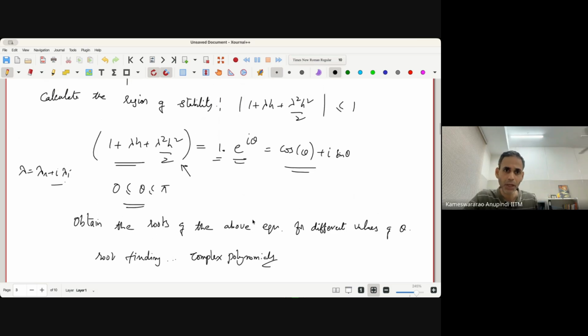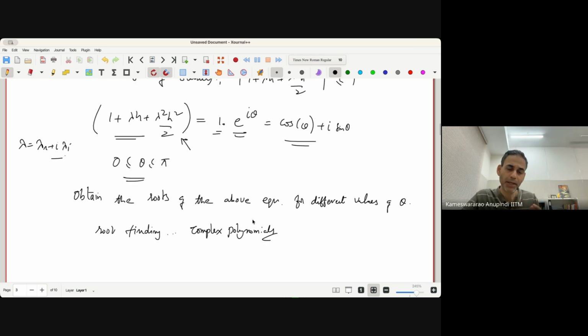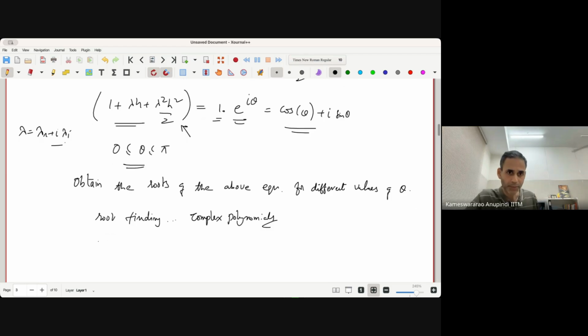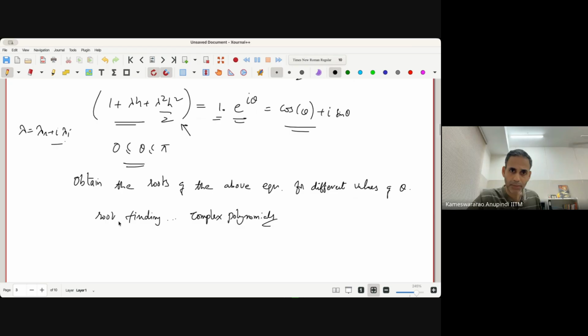If you equate the real and imaginary parts separately, then you are actually solving a system of nonlinear equations, right? That means either you have a complex root finding method, for example, the Newton-Raphson method or bisection method, which you can try to implement for complex numbers, or we can look at a simple root finding method which works with real numbers and convert this into two equations.